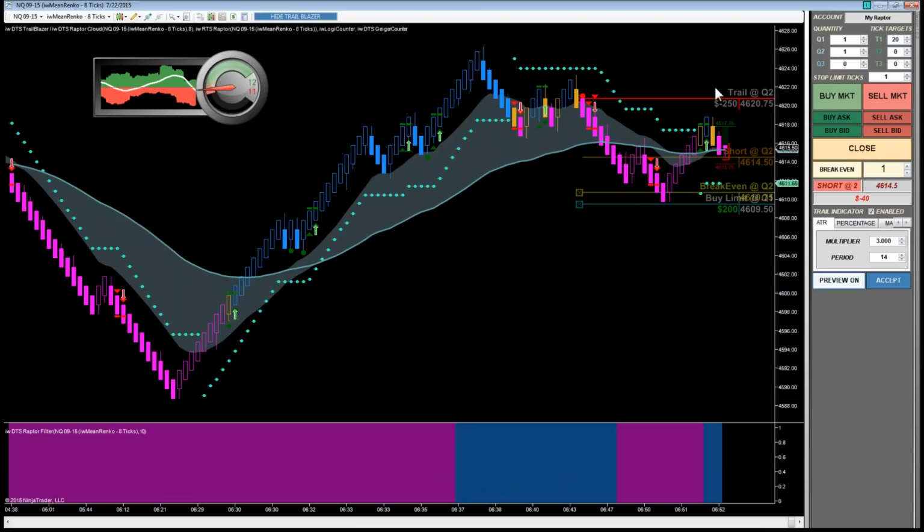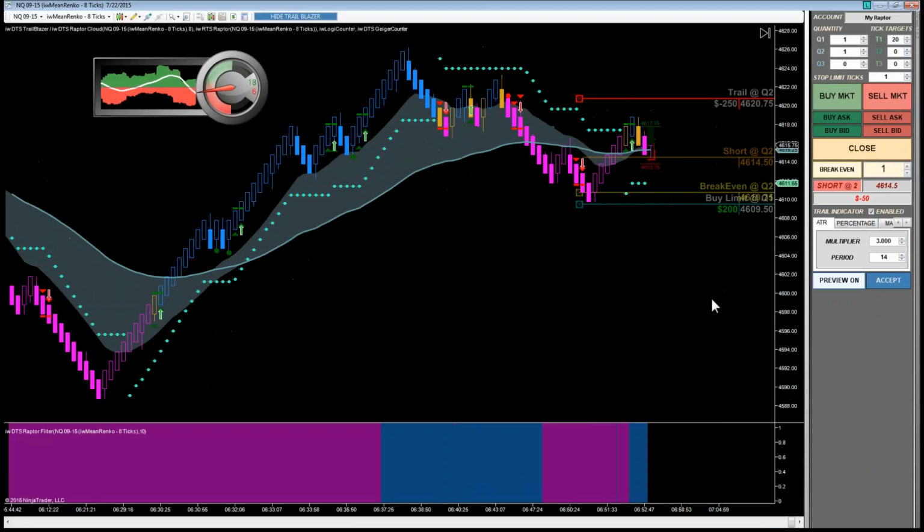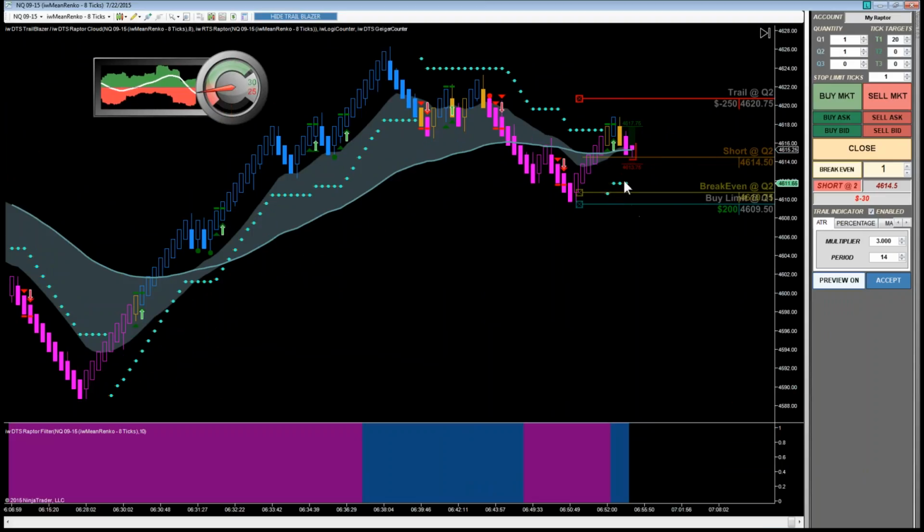If I hit my sell button, automatically I get my buy and sell orders and my stop loss. Now you see the programming, this is technically my stop loss here, but the programming recognizes that the stop loss is in the wrong direction for my trade. So it actually gives me a default stop loss. Pretty cool, huh?